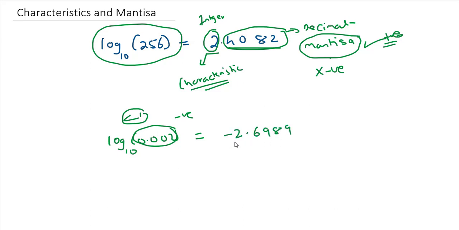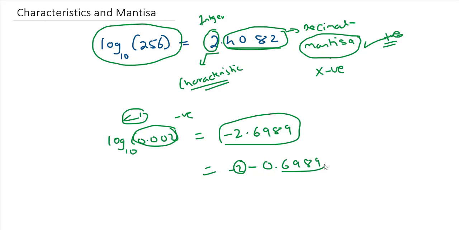As you can see here, this value is coming out to be negative. It can be split up and written as minus 2 minus 0.6989. This is your integer or characteristic part, and this is your decimal or mantissa part. Now the mantissa is negative. We'll have to make it positive. Since this is a decimal part and it is always going to be less than 1, we'll add 1 to it.